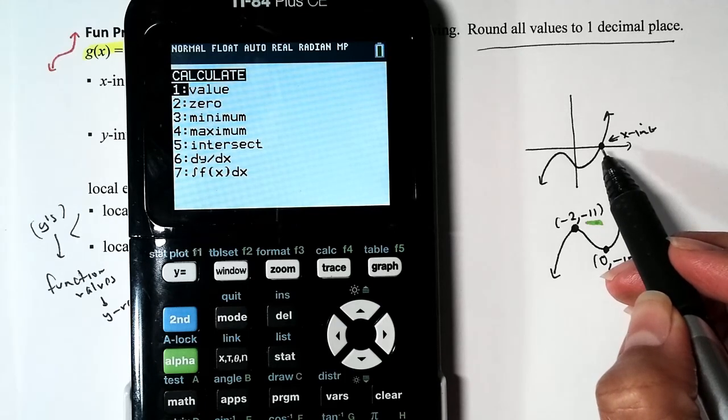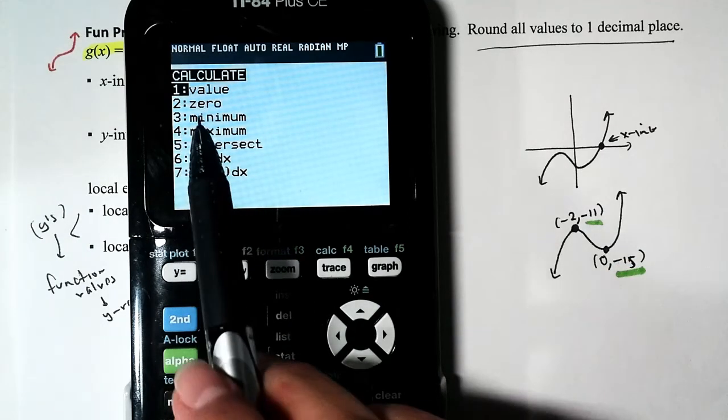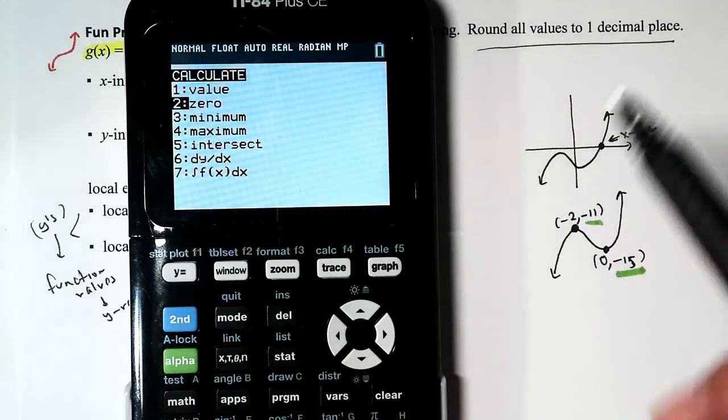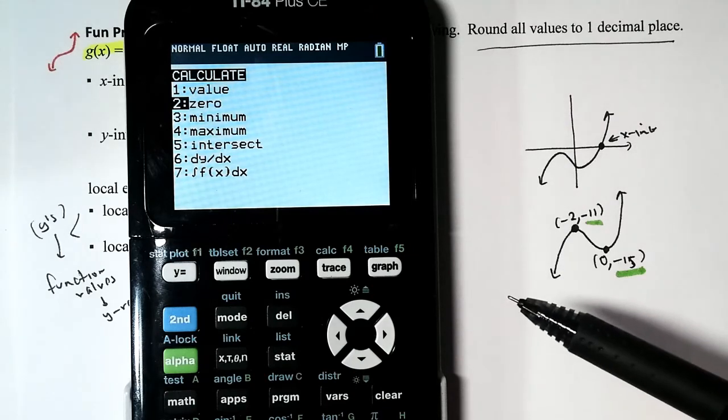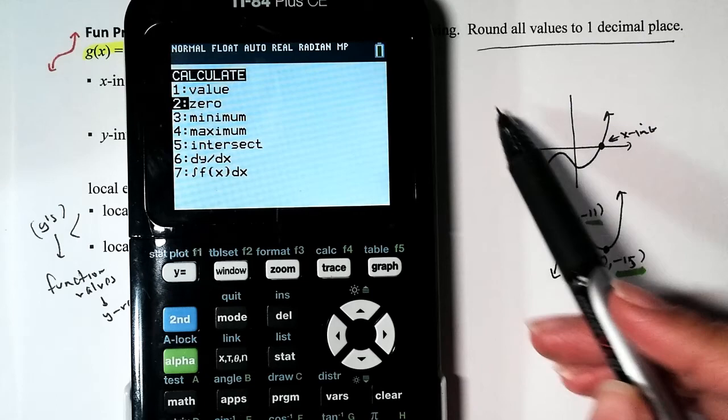The value of the function is 0. This is why you don't see an option for x-intercept. A different way to phrase it is zero. We'll address that in about 2 more chapters, I believe. So for x-intercept, we're gonna do second calc zero.